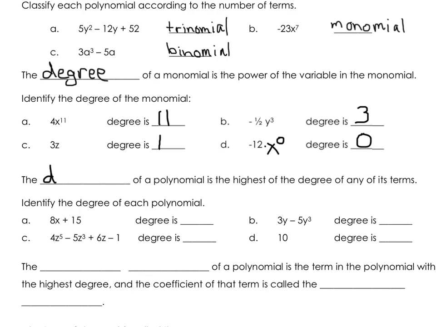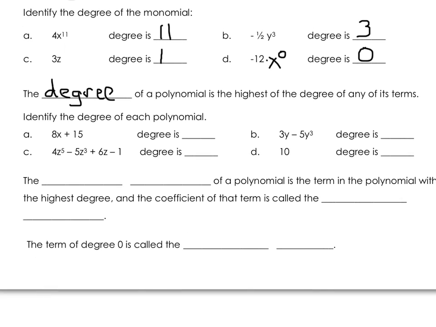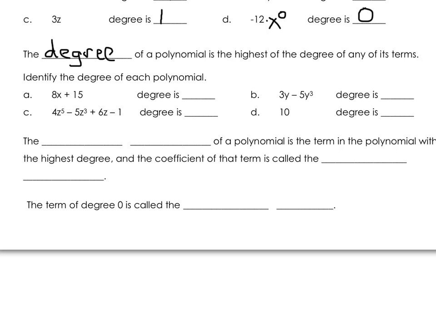The degree of the polynomial is the highest of the degree of any of its terms. So 8x plus 15. The degree of 8x is 1. The degree of 15 is 0. So the degree of the polynomial is the largest of those degrees.